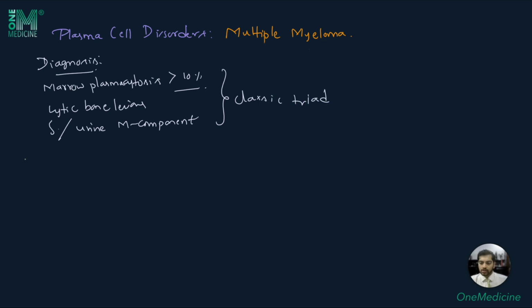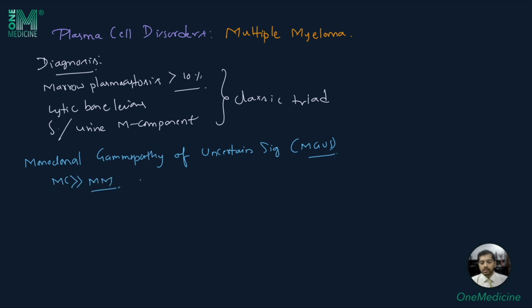There is another plasma cell disorder called monoclonal gammopathy of uncertain significance, or MGUS in short. This is more common compared to multiple myeloma, and it is seen in approximately 6% of the population which is above 70 years.